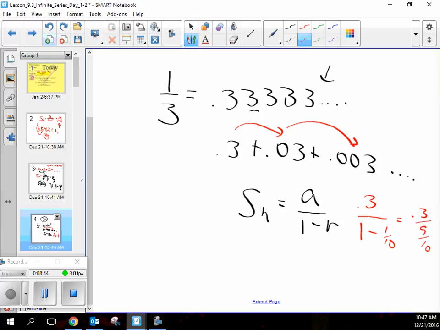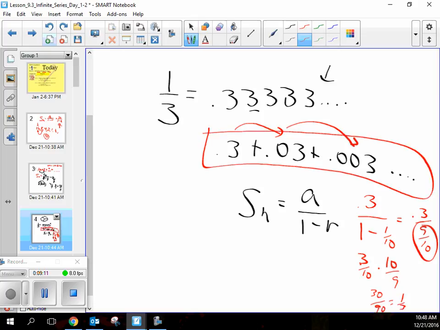So if I flip and multiply, three tenths times 10/9, that's this thing flipped, gives you 30 over 90, which is 1/3. That's why this really is a whole complete thing, 1/3.